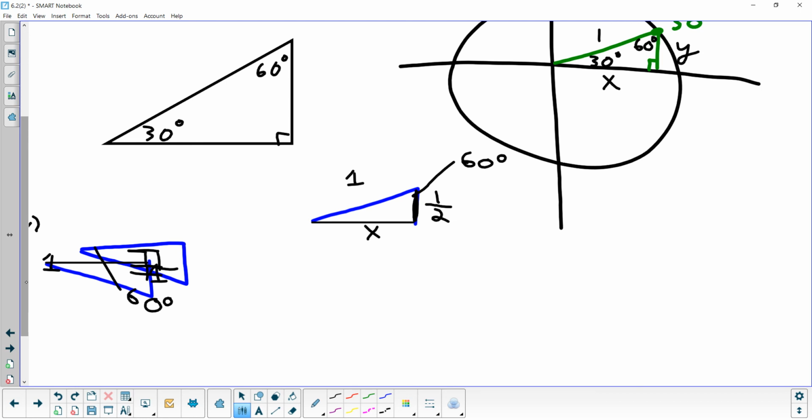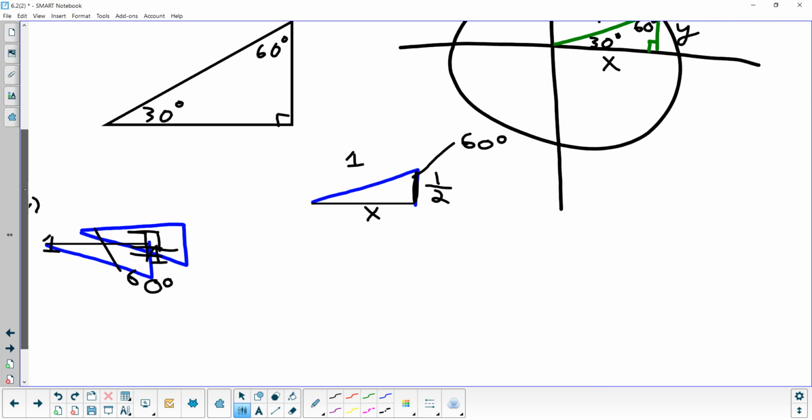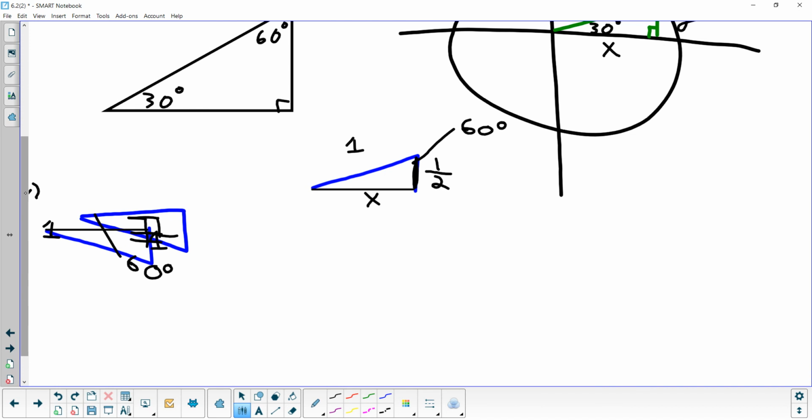Michael, can you set up the Pythagorean Theorem for me with that triangle? I don't know. Can you tell me what the Pythagorean Theorem is? Don't worry about the numbers in that triangle, just the formula in general. I don't remember.